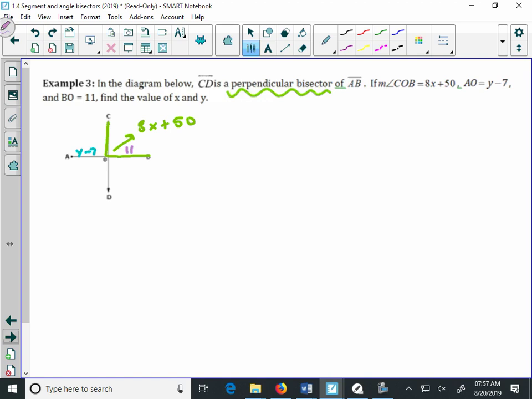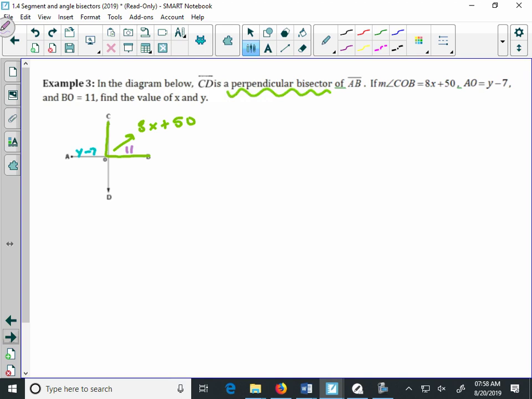Mark my diagram. Then what I'm going to do is go back to that really important vocab word, perpendicular bisector. What did we just say about a perpendicular bisector? Just two things. What does it do to the segment? It cuts it in half. And it also creates what type of angles? Right angles. Okay.